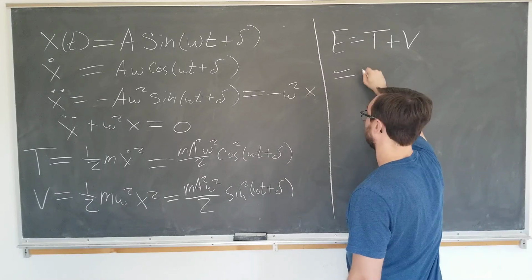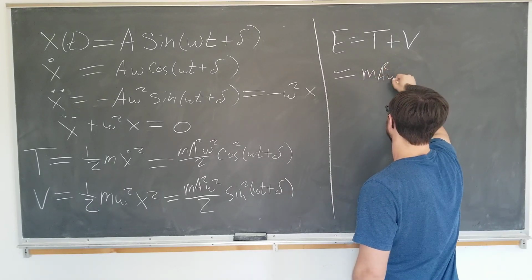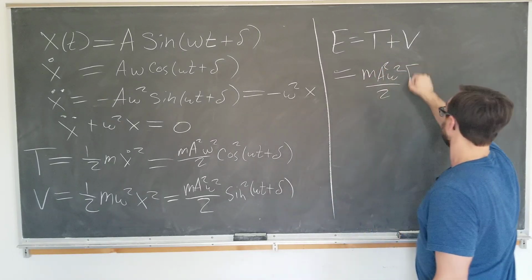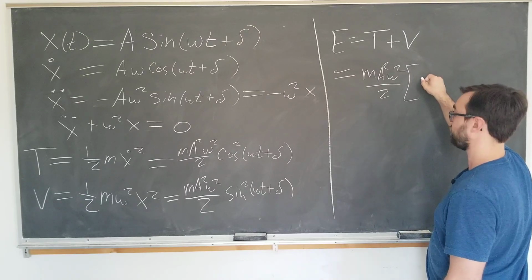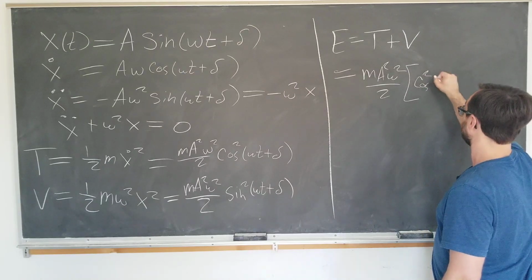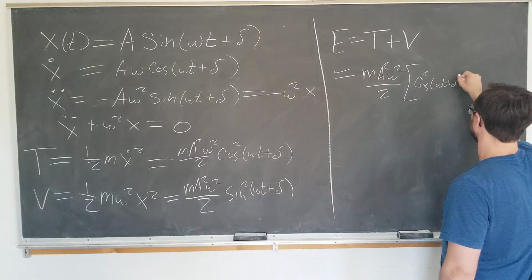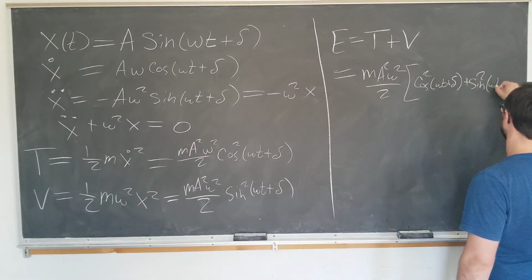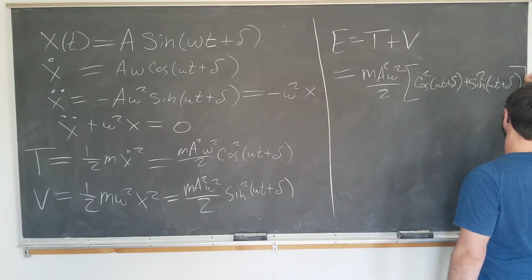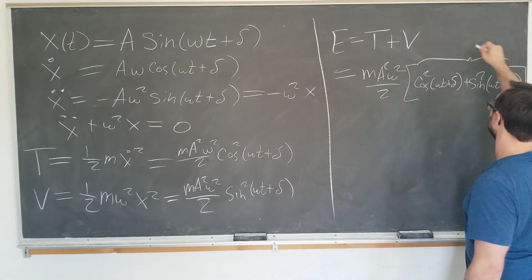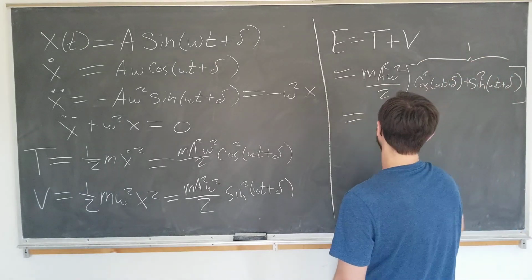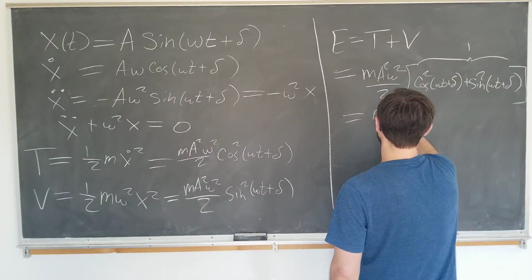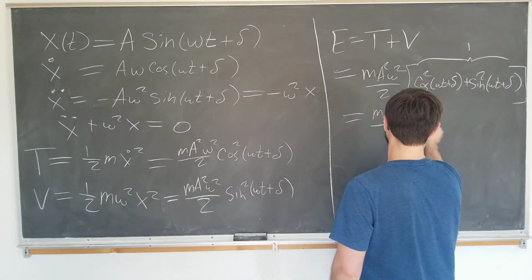Constant can factor out. And now we have cosine squared omega t plus delta plus sine squared omega t plus delta, which of course we know from high school is equal to 1. The total energy is just equal to m a squared omega squared over 2.